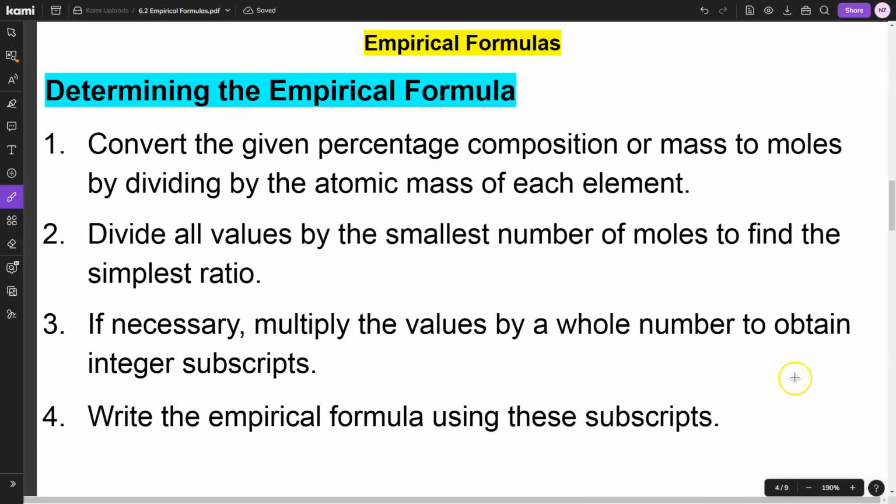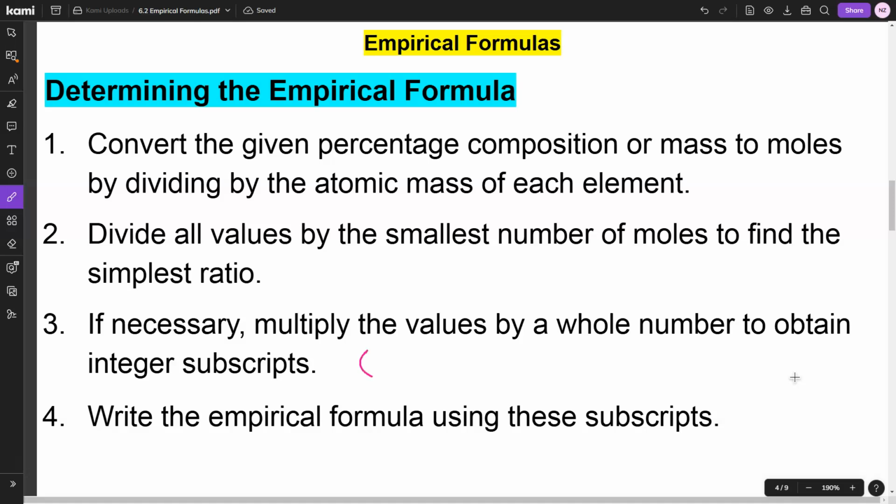Okay, to find the empirical formula, we're going to convert the given percentage composition or mass to moles by dividing by the atomic masses of each element. Then we'll divide all values by the smallest number of moles to find the simplest ratio. If necessary, we'll multiply the values by a whole number to obtain integer subscripts.